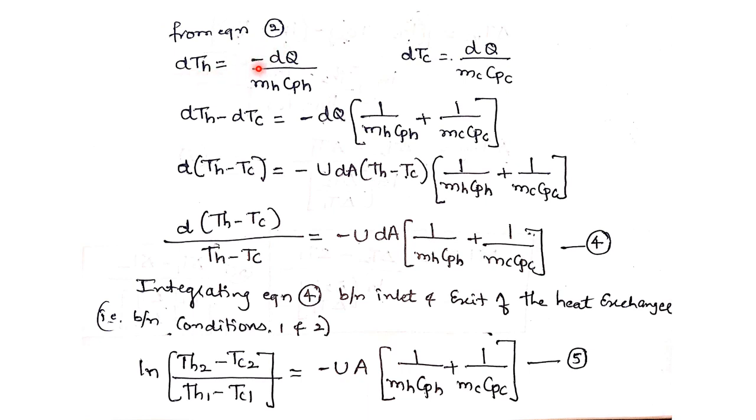dTH equals minus dQ divided by mH into Cph, whereas dTc is given by dQ divided by mC into Cpc.